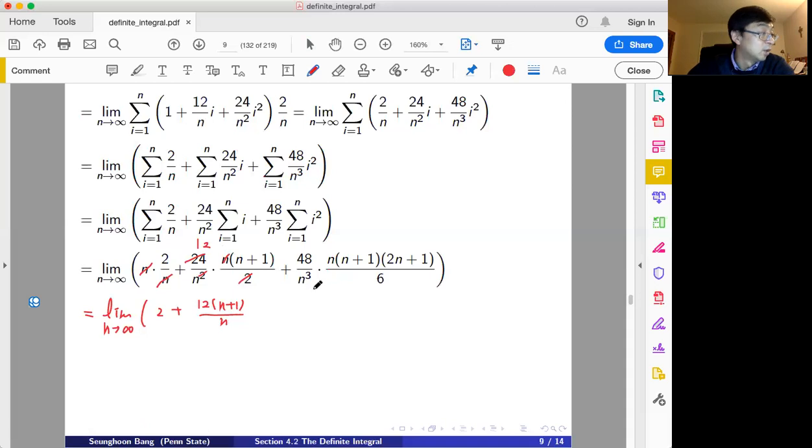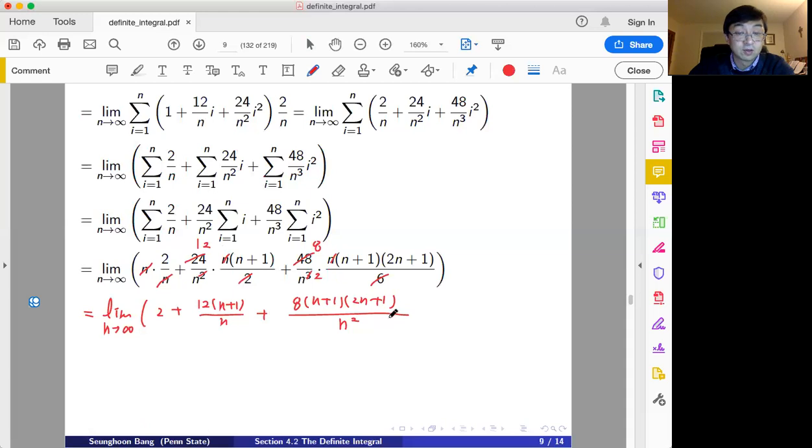Here, you just eliminate one n, change 2. 6 is crossed out, this is only 8, right? So we have plus 8 times n plus 1 times 2n plus 1 over n squared.